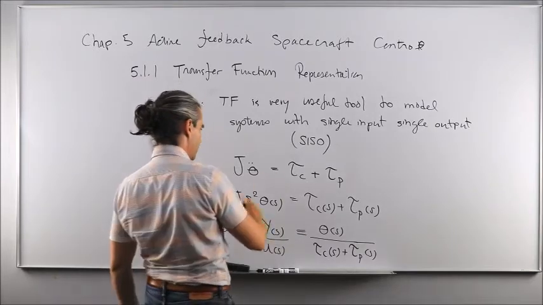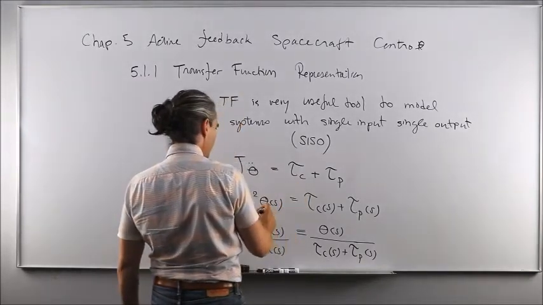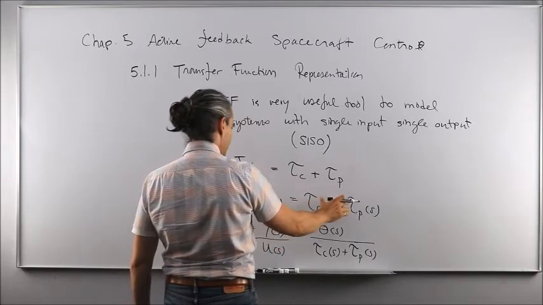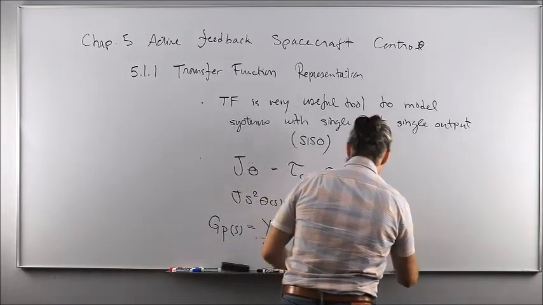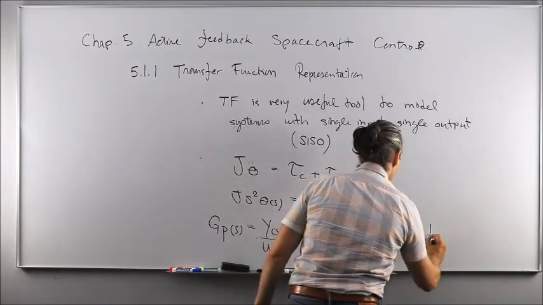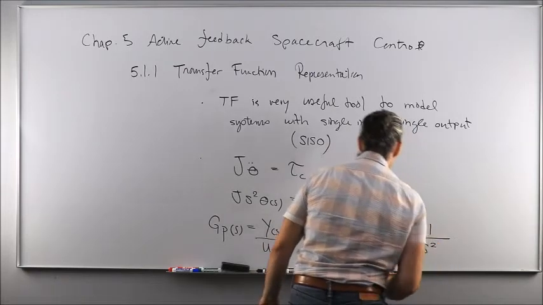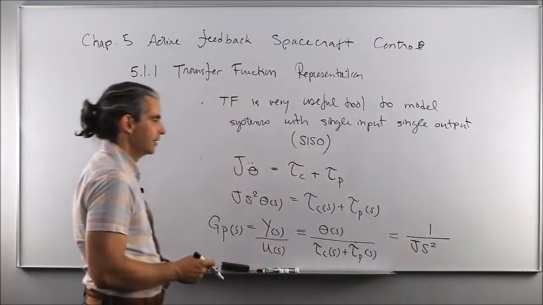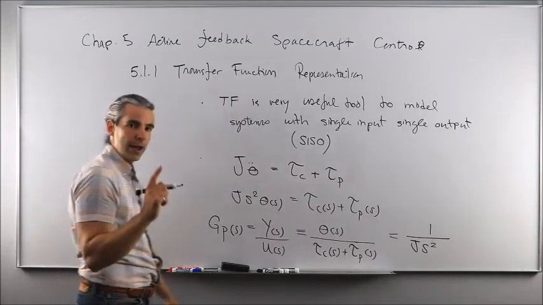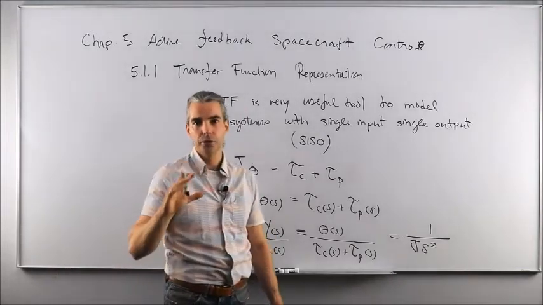Such that by solving that equation for theta over this, it's easy to see that all you're going to get is your 1 over J s squared as a transfer function specifically applicable to one axis of a spacecraft undergoing a rotational motion.